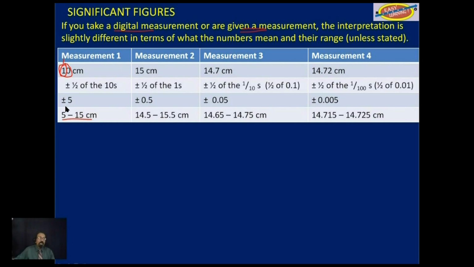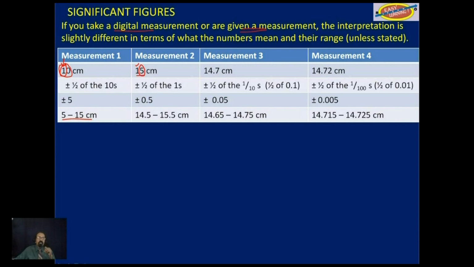This one is in the tens position, so we take half of that position. Now if you say the measurement is 15 centimeters, now you are sure about that one. It's more than 10 and it's less than 20, but now you are not sure about this 5.